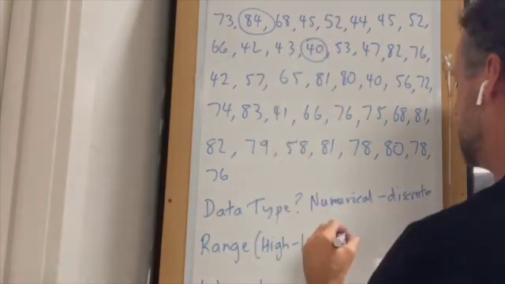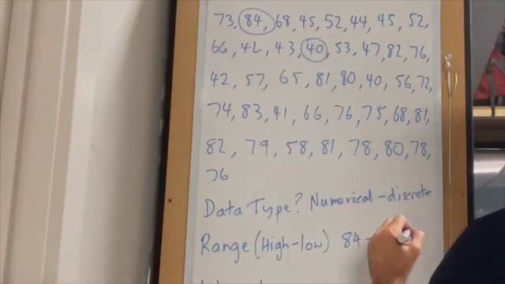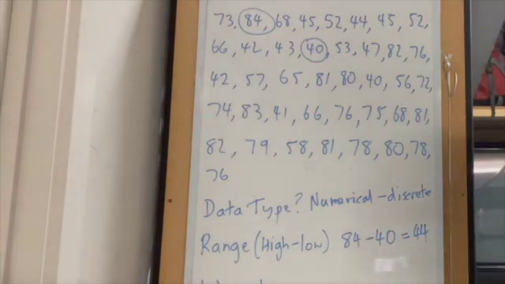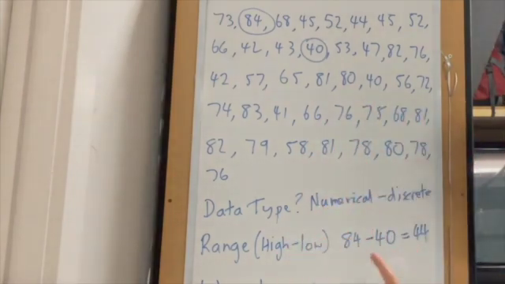So 84 take away 40 equals 44, and that is the range for this particular set of data. Importantly, when you do the range, you should always have the equation with the high and the low and the final range as your answer. Don't just put the number. You always include the equation that goes with it.